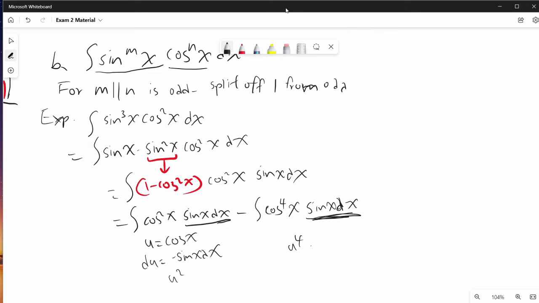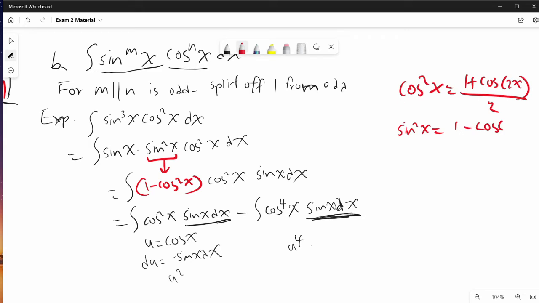The other case is when both n and m are even, right? Then you need to use identities. Let's see. So we have cosine squared x equals 1 plus cosine 2x over 2, and sine squared x equals 1 minus cosine 2x over 2.